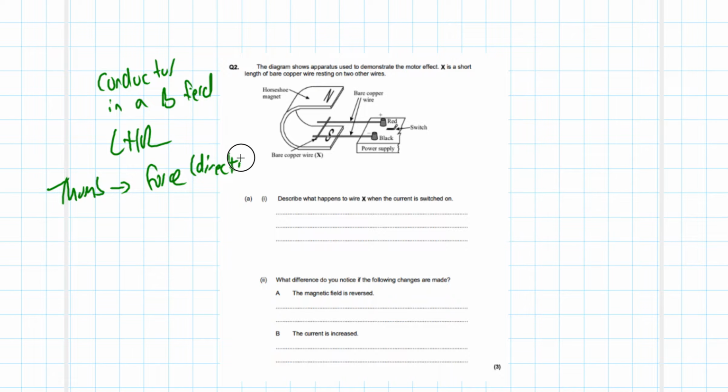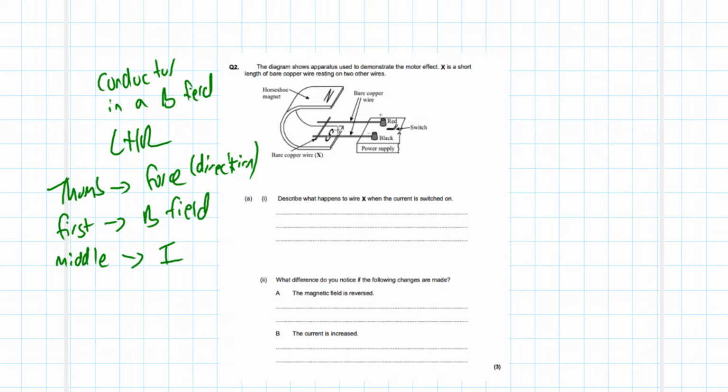The way to remember it is that the first finger is field, and the field is the magnetic one. So your first finger, your index finger, is the B field, and then your second finger, your middle finger, is going to be the current, whatever the I is.